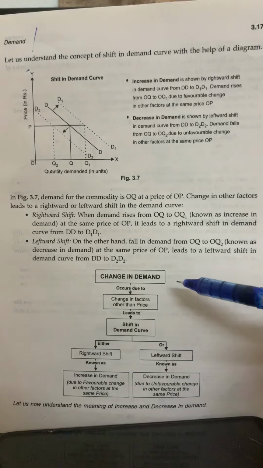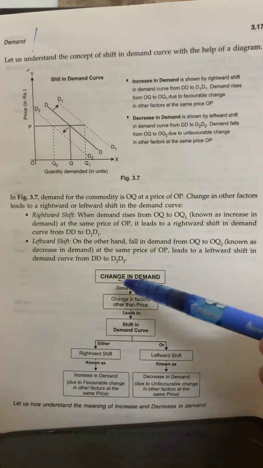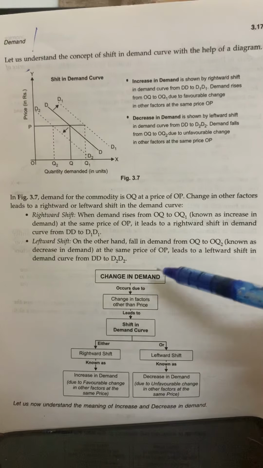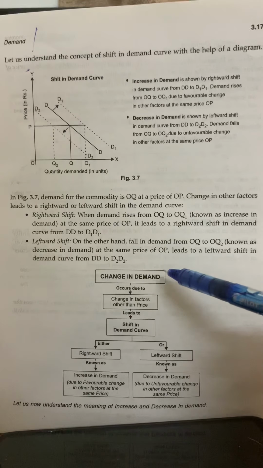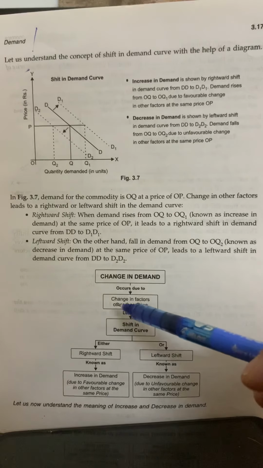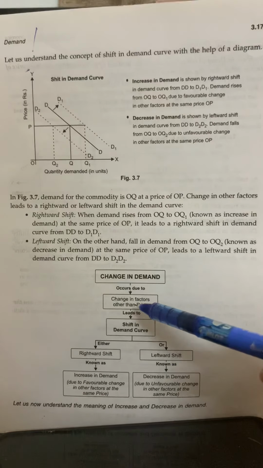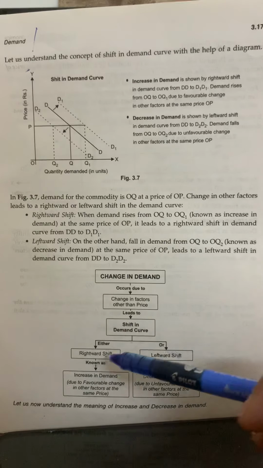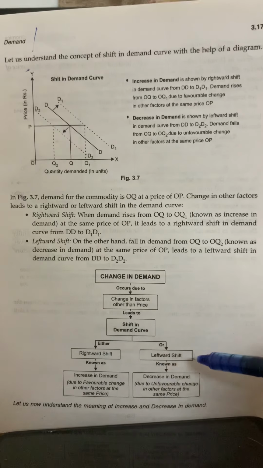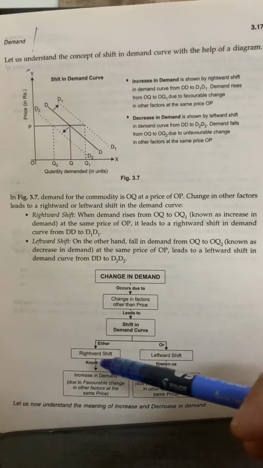Now we can understand the change in demand through this flow chart. Change in demand occurs due to the change in factors other than price, which will lead to shift in demand curve, either rightward shift or leftward shift.